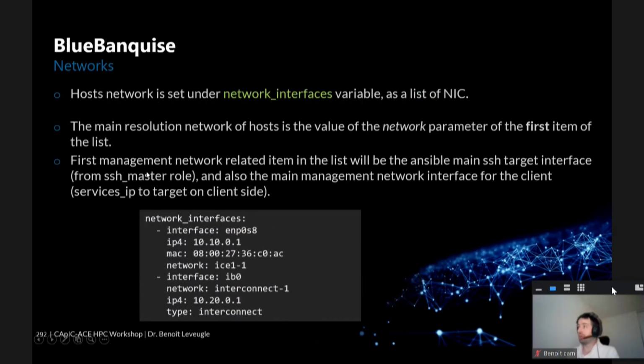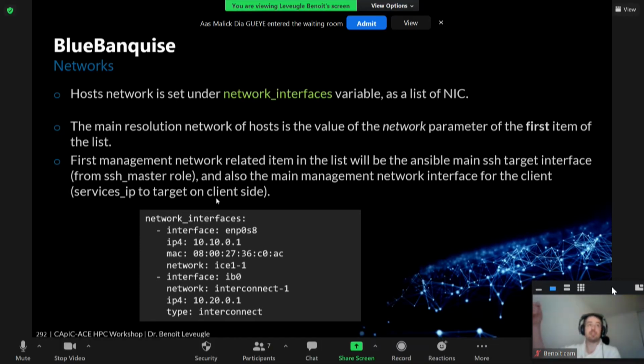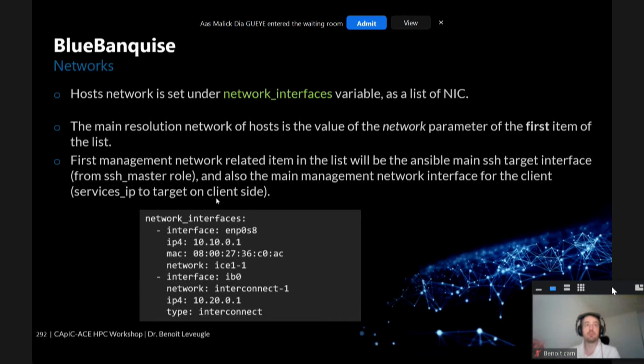On the first management network, because if you want to be able to deploy the operating system, you also need to be able to SSH on it. The first item, well, it's more sophisticated, but basically the first item in the list that is a management network, you will see that later, is used for SSH, okay? Because sometimes you want to be able to ping on a very specific IP, but you want SSH to go through another one, okay?